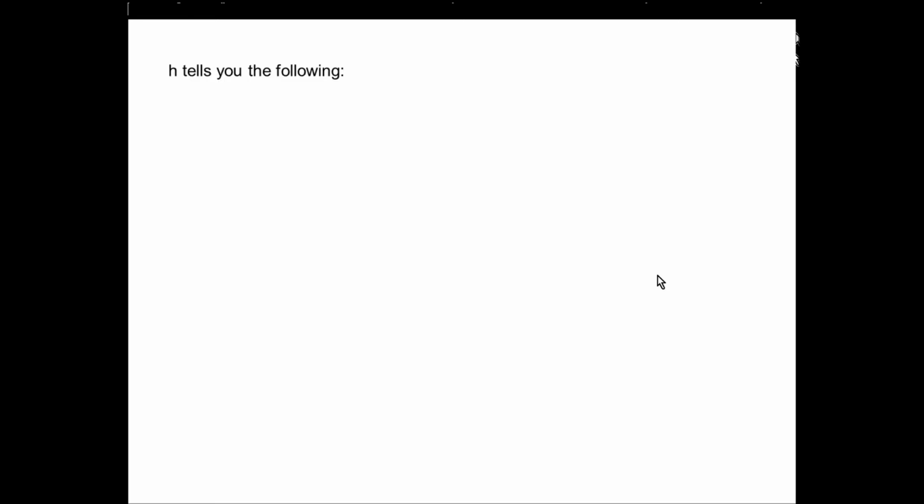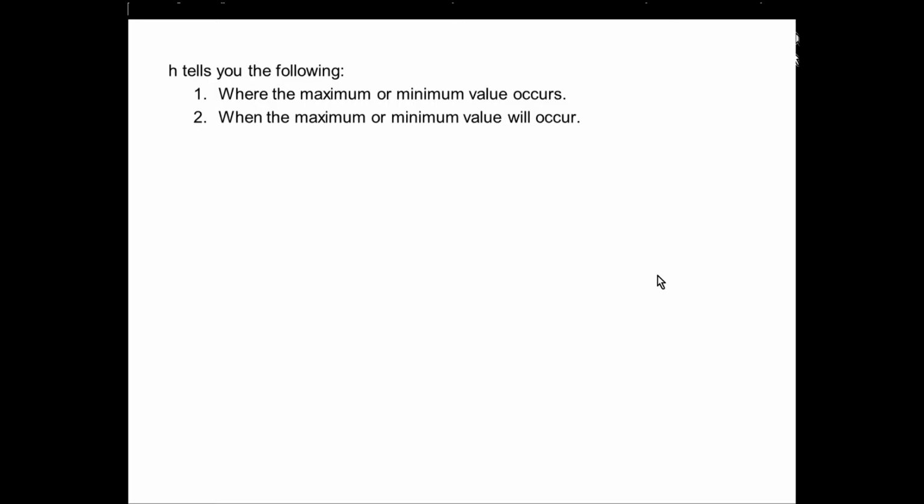h tells you the following. This is how you know you're looking for h, the first coordinate. So it tells you these things. First of all, it tells you where the maximum or minimum value occurs. You're like, where is it? If you're doing time, it tells you when the maximum or minimum value will occur. Like, when will you reach maximum height in your rocket?